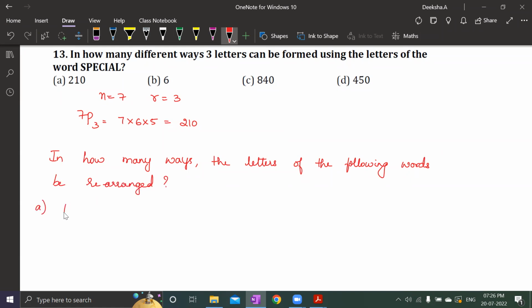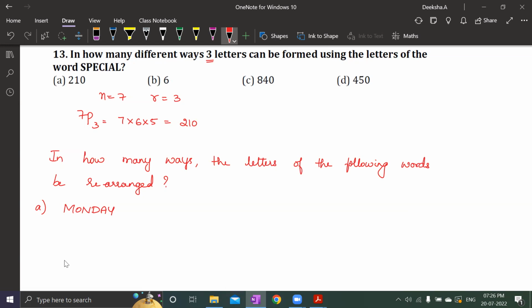First one, Monday. Tell me the answer. So here you see, in the previous question, there was a word and we just found out how many 3-letter words can be formed. But here, letters of the following words being rearranged means all letters are rearranged. Means you have to find how many 6-letter words can be formed.